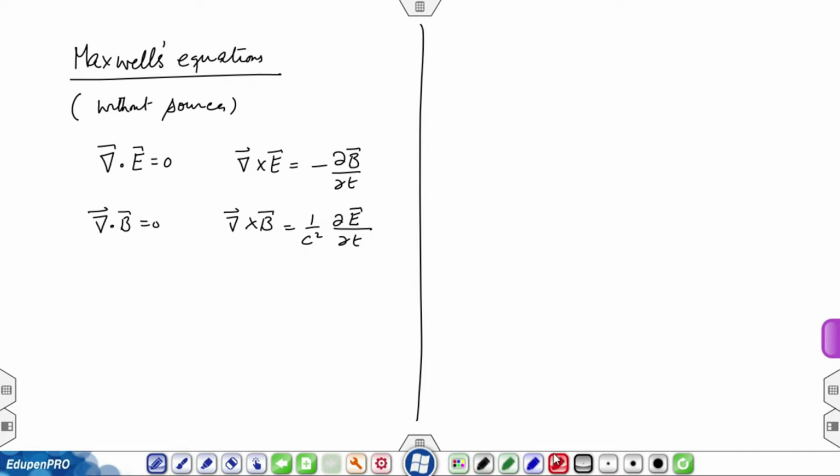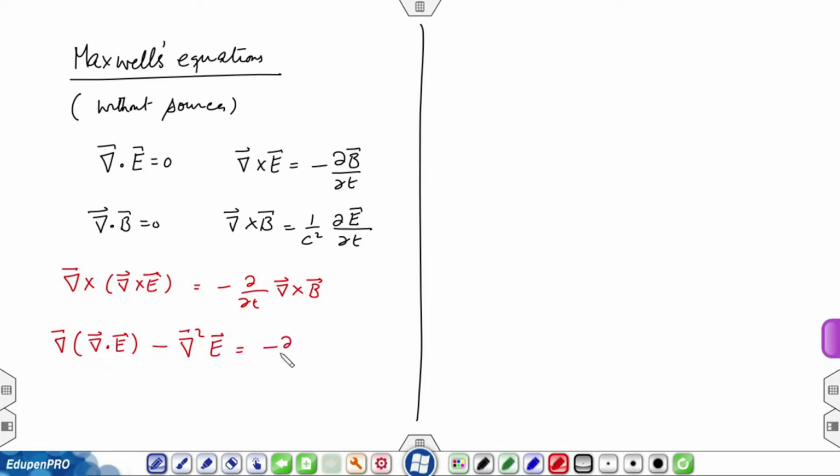So, for example, if I take the curl of E equation, this gives me minus d by dt curl of B. I am now taking the liberty of exchanging the time and space derivatives as we have been doing, and the left hand side can be written as gradient of divergence of E minus Laplacian of E, which is equal to minus d by dt, and then I have curl of B equals 1 over c square d 2 E by dt square.